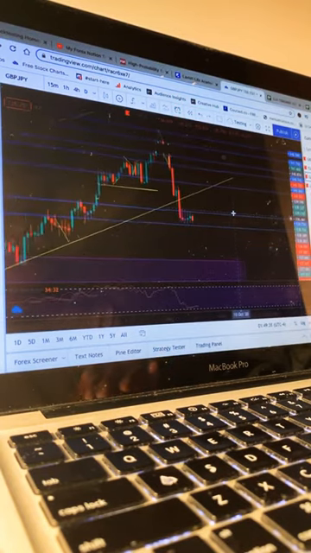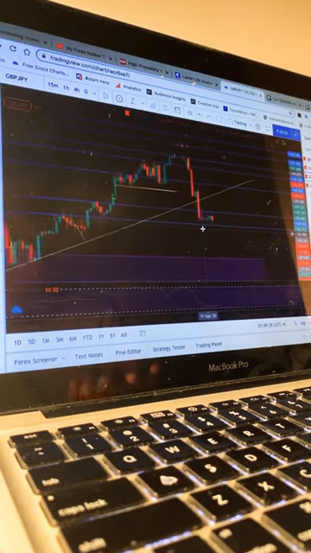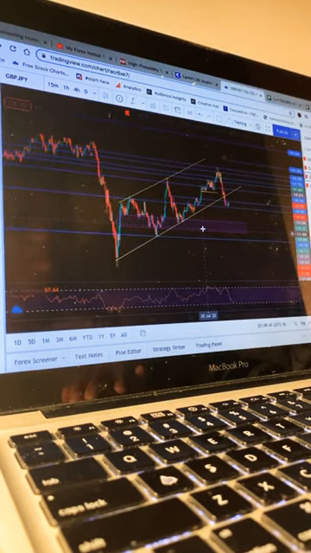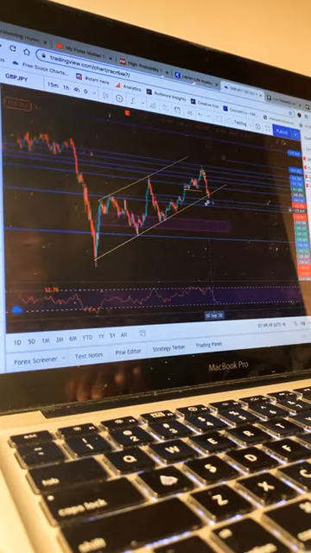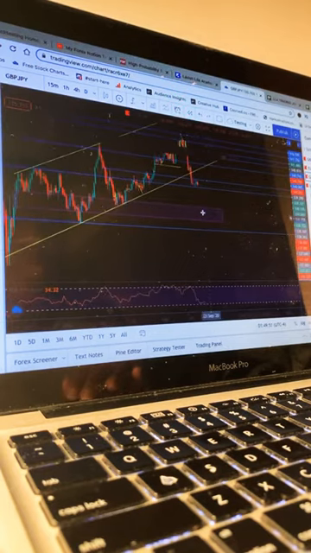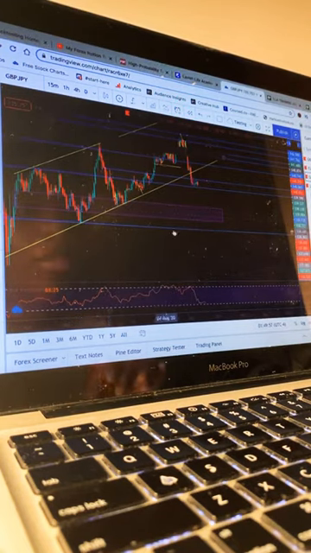I haven't looked at GBPJPY this week, but it does look like it broke out of this trend. So it may have some bearish movement down to where I already had this box created, where it was a supply zone.